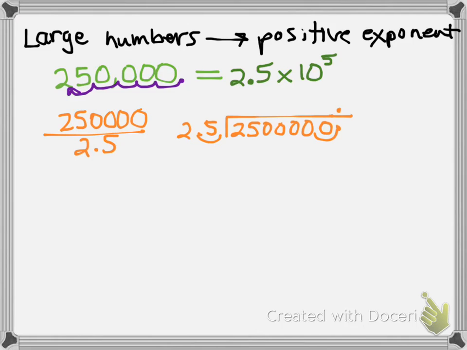So 25 goes into itself once, and then I have 1, 2, 3, 4, 5 zeros left over. So that's where this notion of to the 5th power comes from. Okay? So, step by step, we are going to go to write in scientific notation.